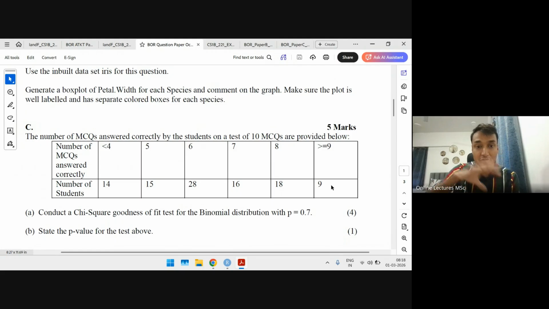What distribution are you trying to see? If you remember, the chi-square goodness of fit test is nothing but trying to see how close or how far the expected frequencies and the observed frequencies are. If you see the formula, that's what it is: summation of (Oi minus Ei) the whole squared divided by Ei.